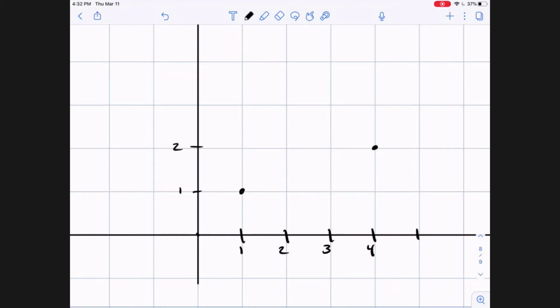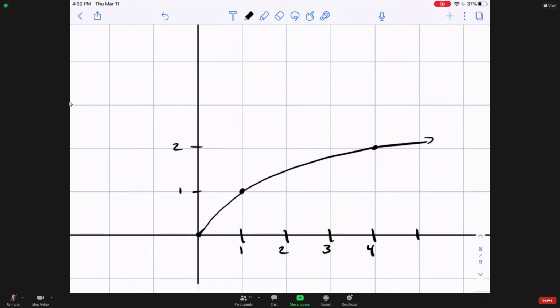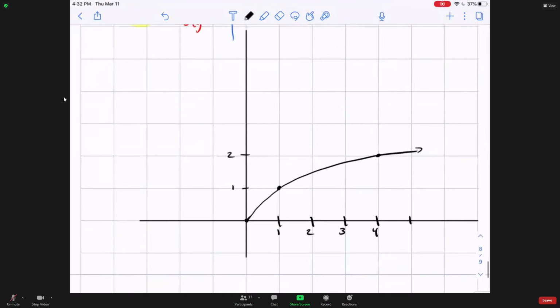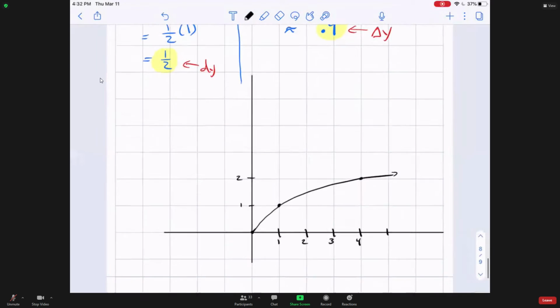I gotta make this square root of x graph count. Oh, yeah, nope. Comfortable with that. Not quite as good as I wanted it, but I'm going to have to do it. All right, that's good. So there's the graph for y equals square root of x.